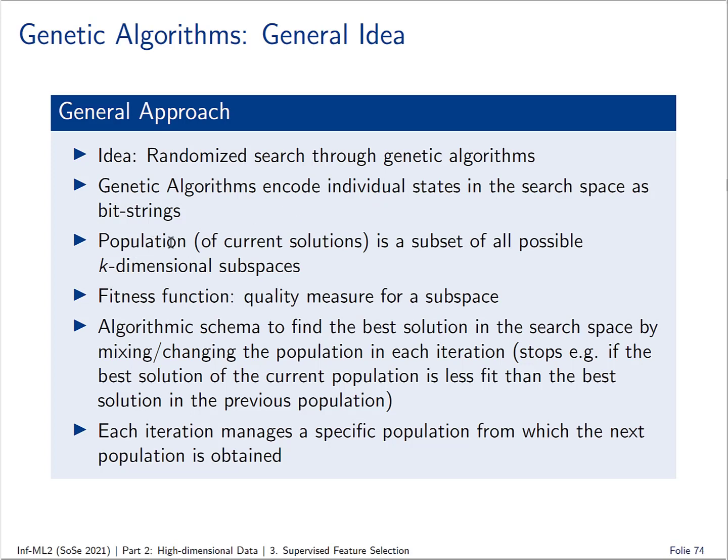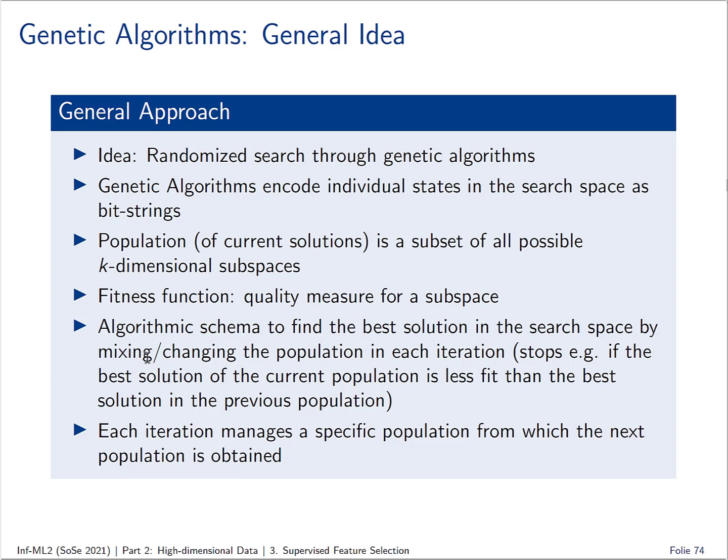So the population, our current set of solutions, is a subset of all possible k-dimensional subspaces. And of course we need a fitness function, which is again a quality measure for a subspace. The algorithmic schema to find the best solution in the search space of all possible k-dimensional subspaces, as I said before, is inspired by nature.